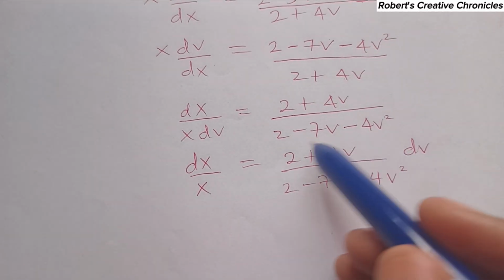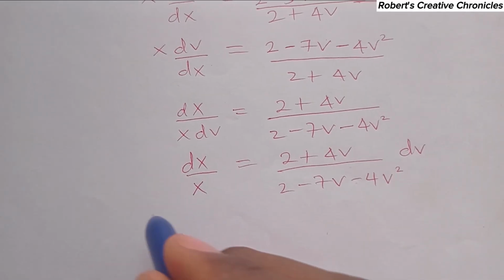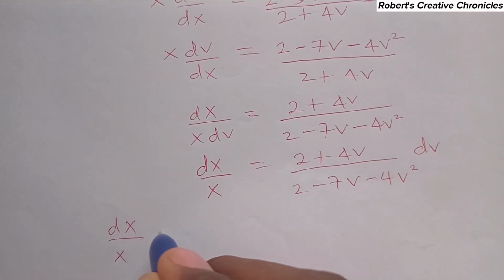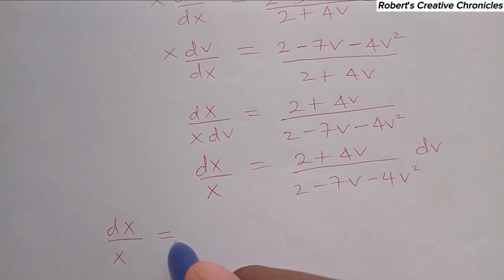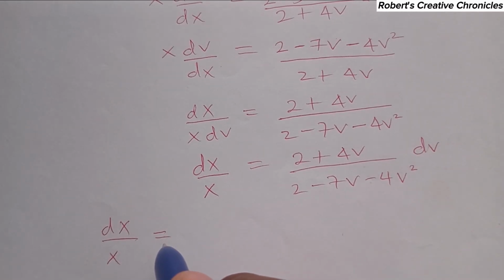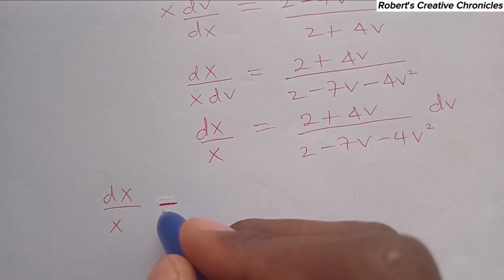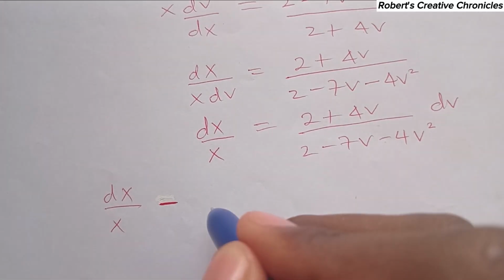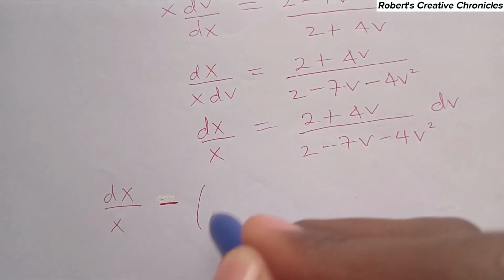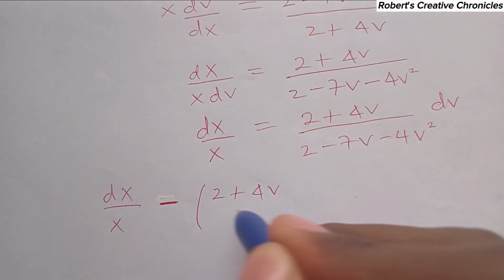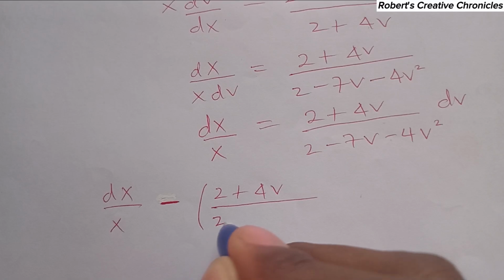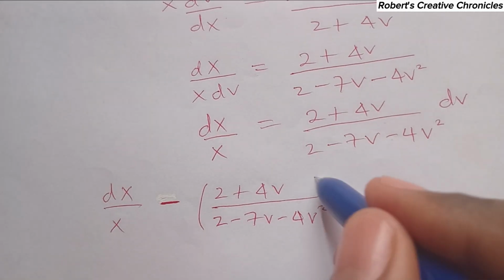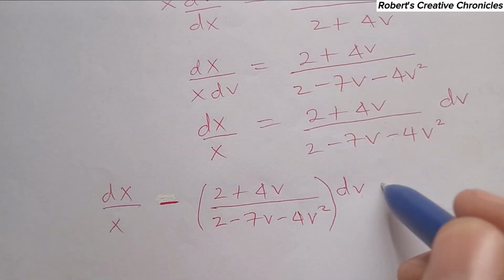So now we can take this term back to the left hand side. So it becomes dx over x minus (2 plus 4v) over (2 minus 7v minus 4v squared) dv is equal to 0.